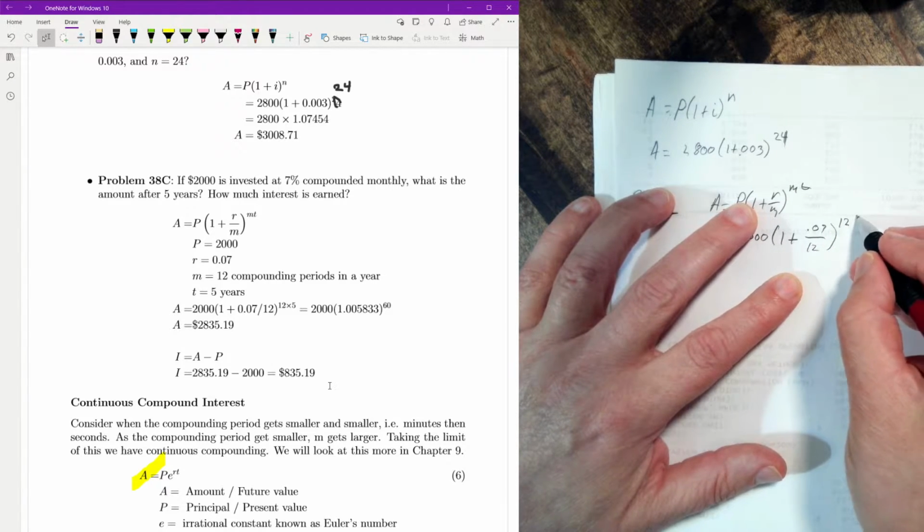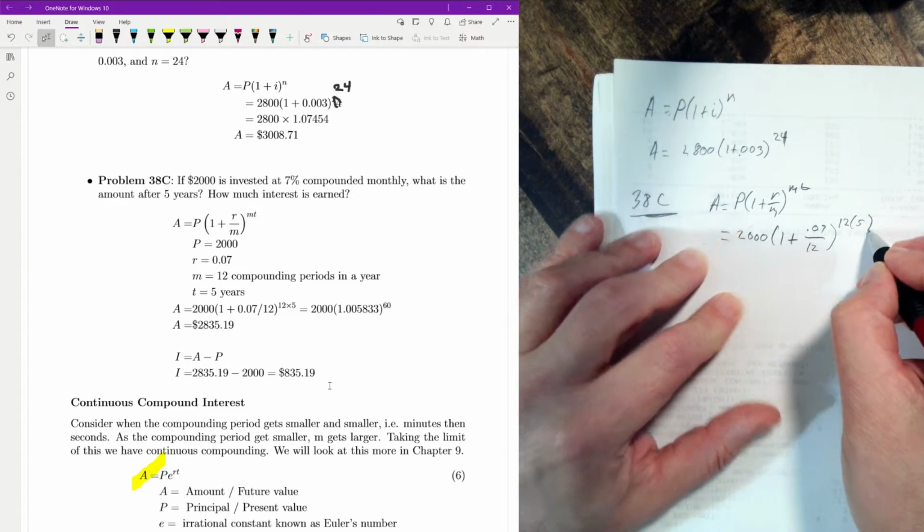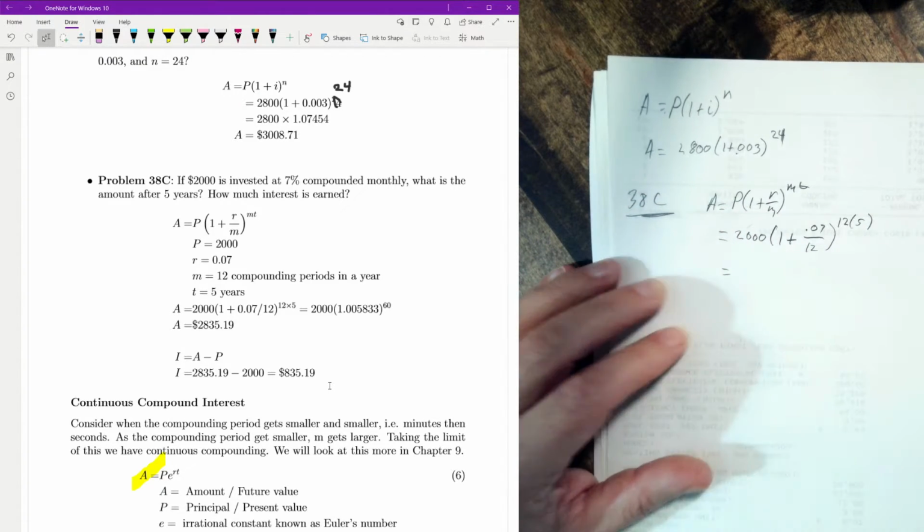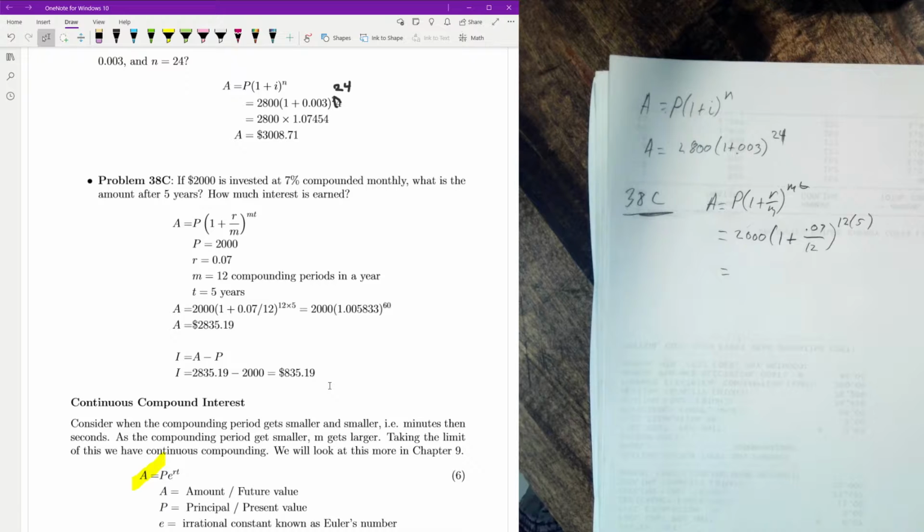For 5 years. Times 5. Once again, this is figuring out how to use your calculator appropriately. If you do that, you should end up with the answer that is given here. Practice using your calculator. If you're not getting this answer, try and try again.